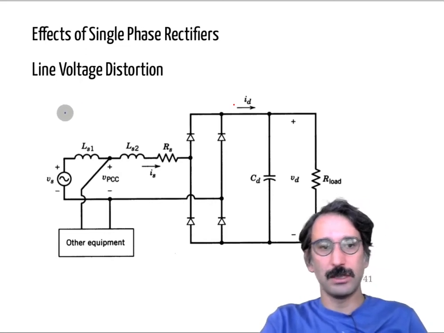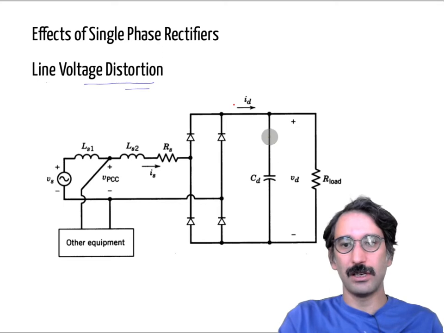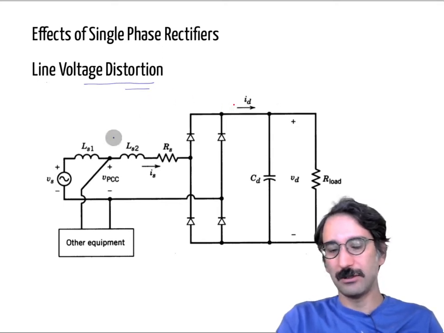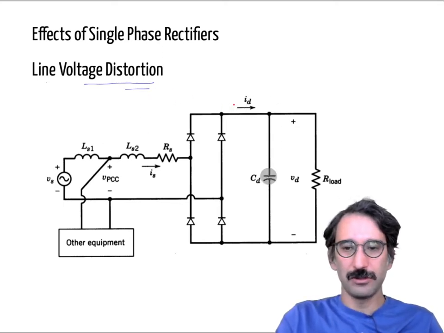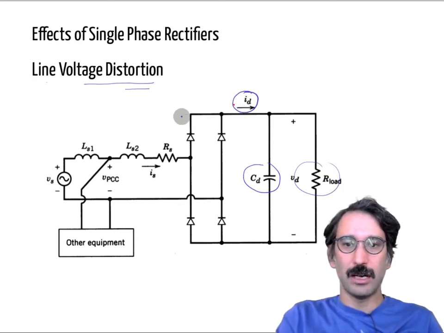Another important one is the line voltage distortion. It doesn't have to be three rectifiers on separate lines. You can have the same effect just with a single rectifier on a line. So if you have capacitors and resistors, whatever, you are basically drawing a non-sinusoidal current.